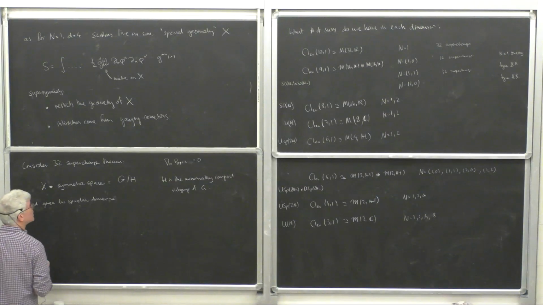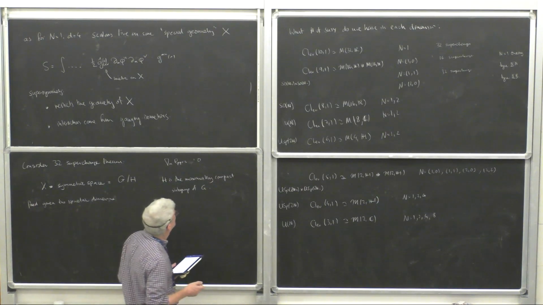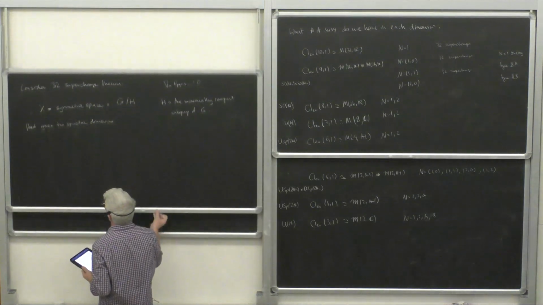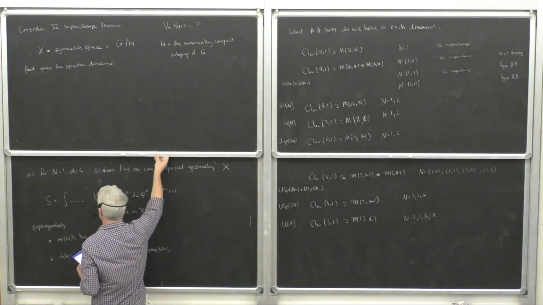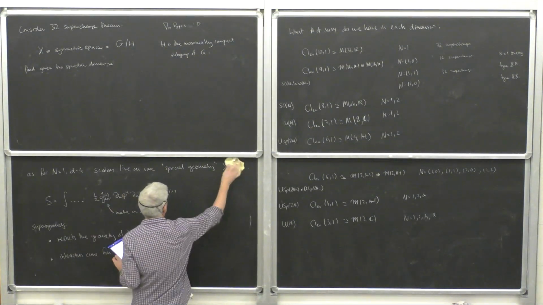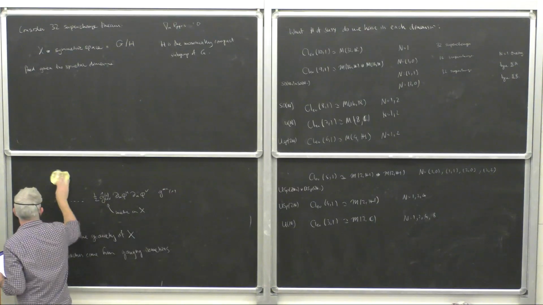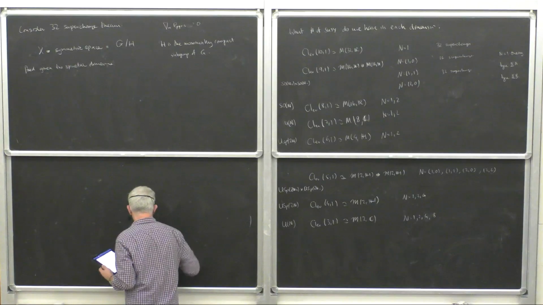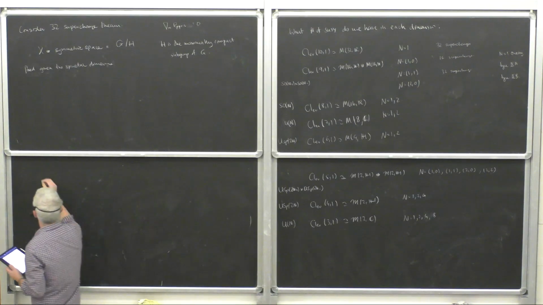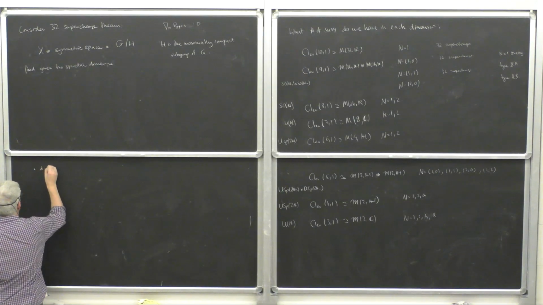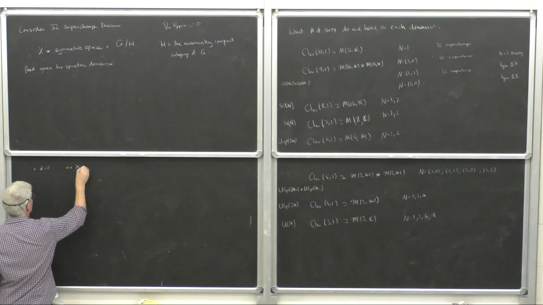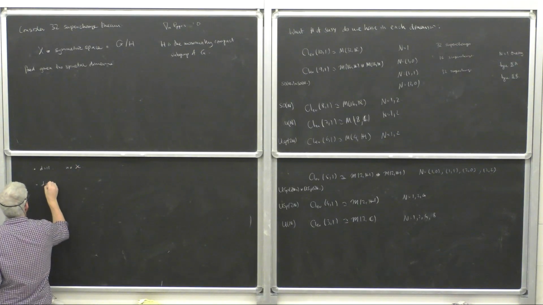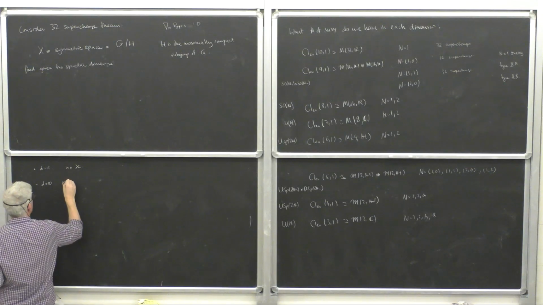So what do we have? Let me give you the list. If we're in d equals 11, there's no X. There are no scalars. If we're in d equals 10, we could do n is 1, 1.